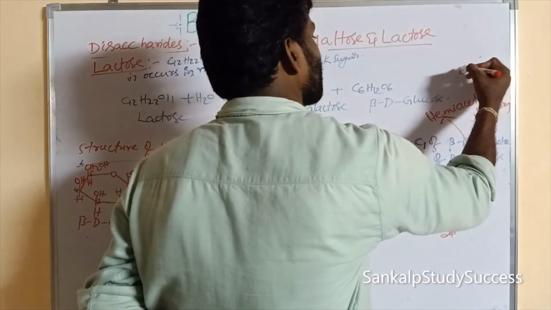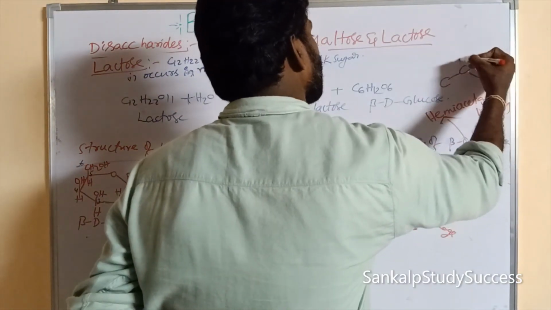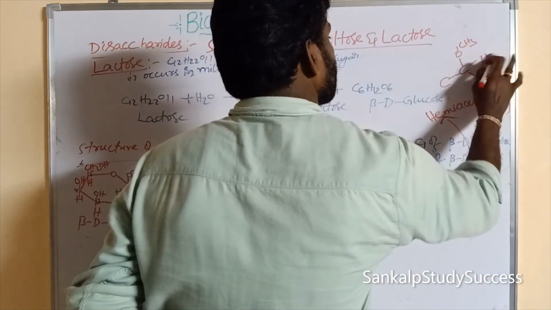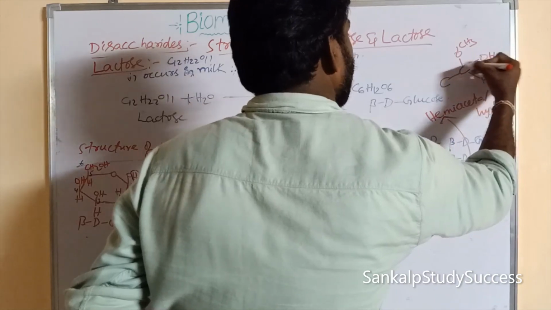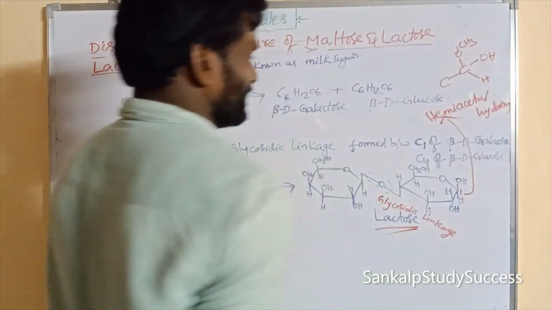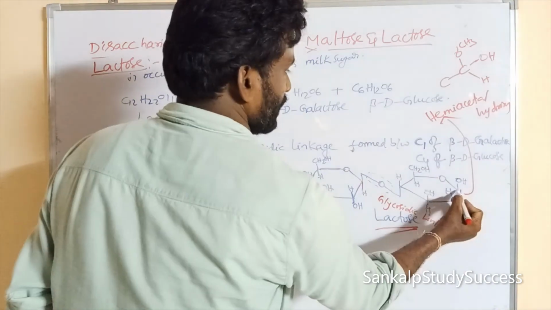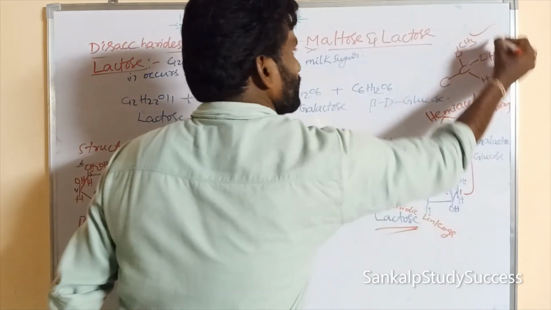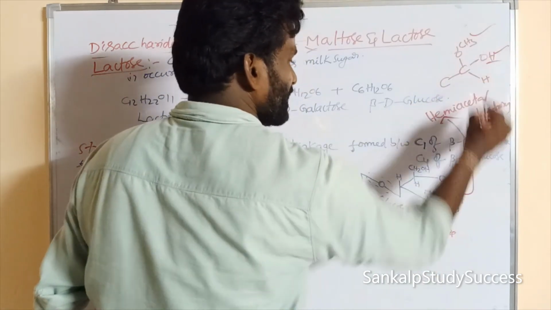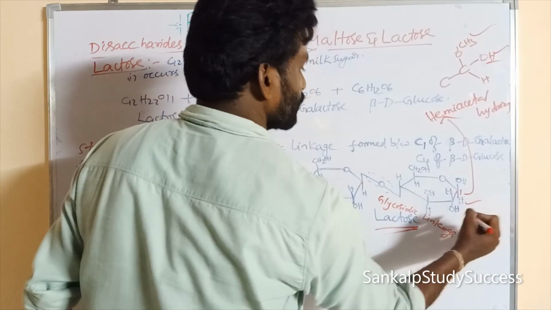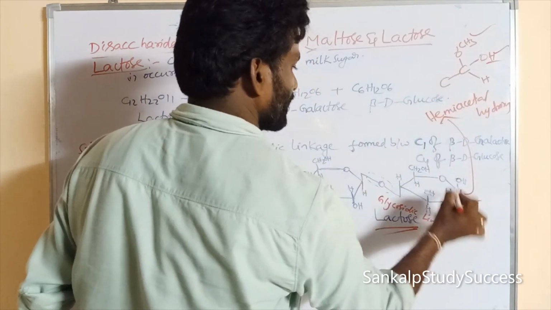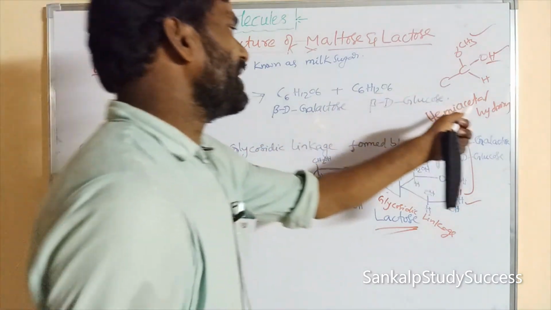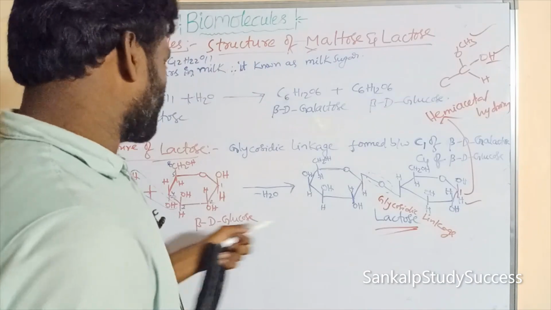What is a hemiacetal hydroxy group? A carbon bonded to OCH3 and also containing OH and H. So in lactose, the hemiacetal hydroxy group is present at the first carbon of beta D glucose.